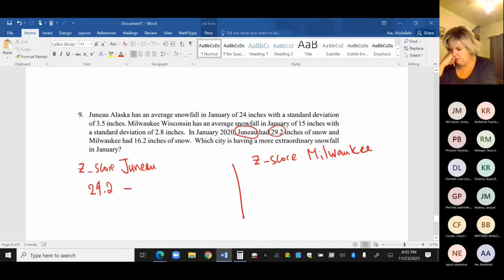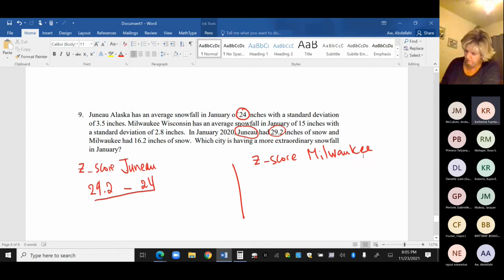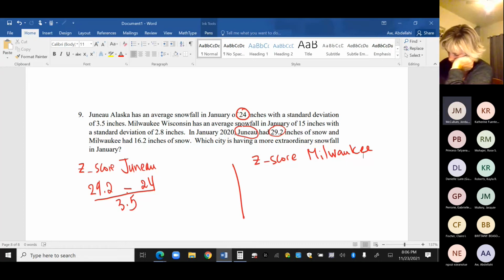What is the average for Juneau? 24. 24. What is the standard deviation? 3.5. That's it. And then we do the calculator thing, right? 29.2 minus 24 divided by 3.5 is 1.48, right?